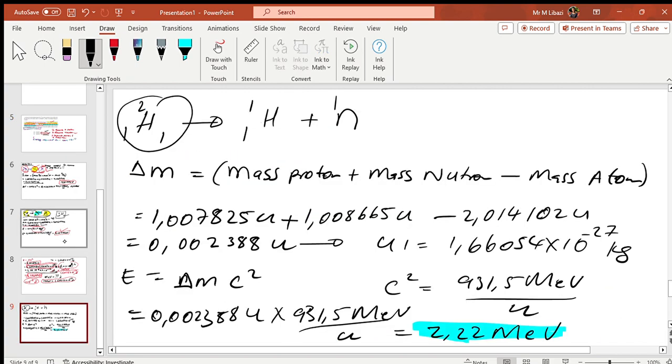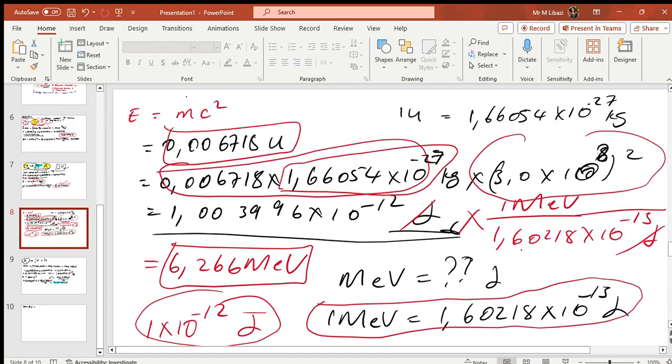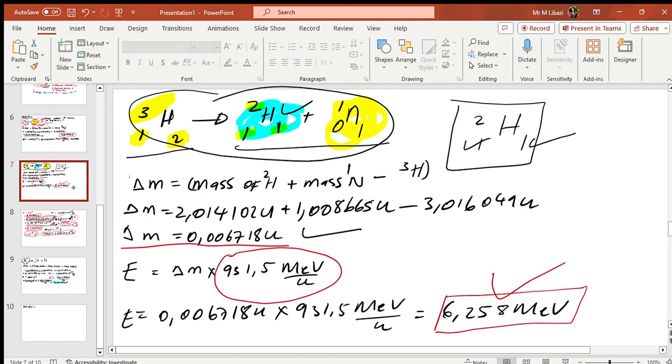So now let's first calculate a total binding energy using what we have found. Let's add all of them.